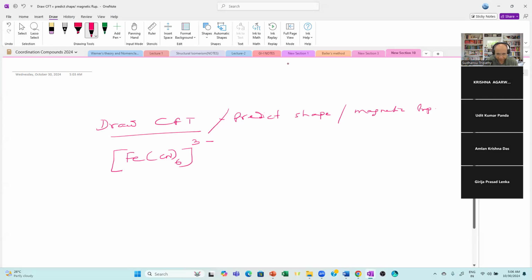You have to use CFT to explain the number of unpaired electrons, or whether it is diamagnetic, and also tell me whether it will be an LS complex or HS complex.